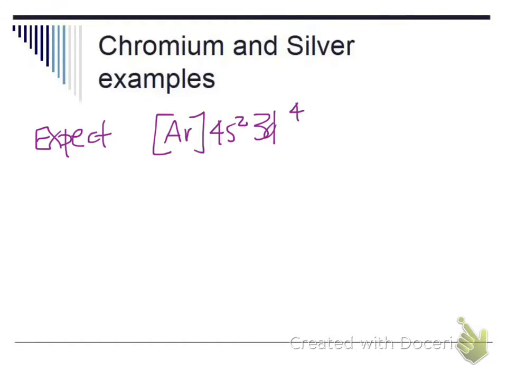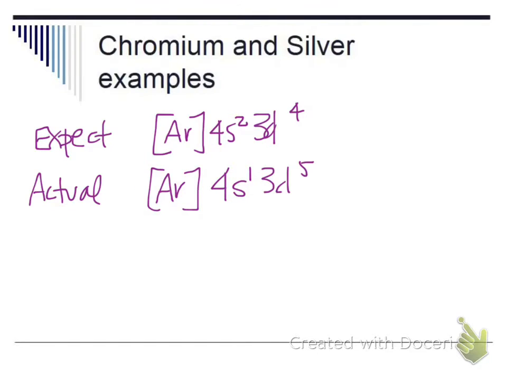But in fact, because if I can half fill my d orbital it's more stable, in actuality it's argon 4s1, 3d5. Both of those are half-filled orbitals, so it makes it more stable. Nature just likes to do crazy things. There's always an exception to the rule. So this was chromium.